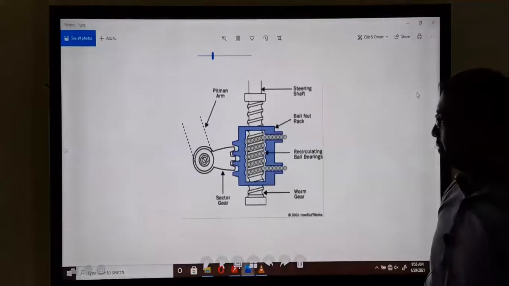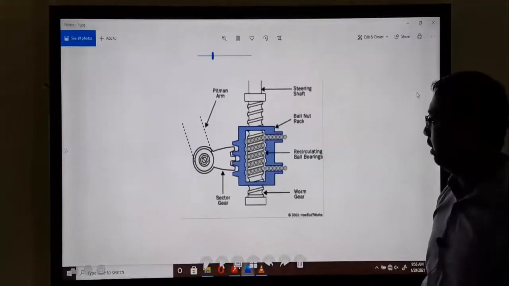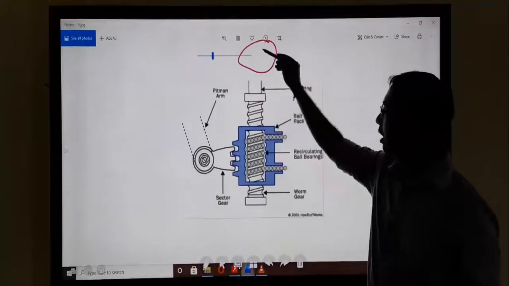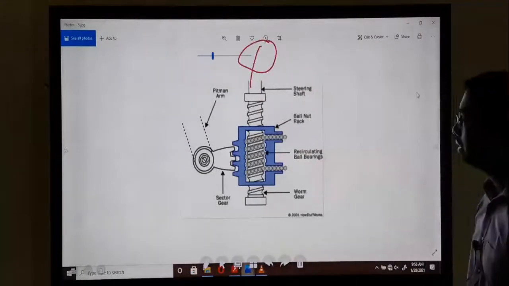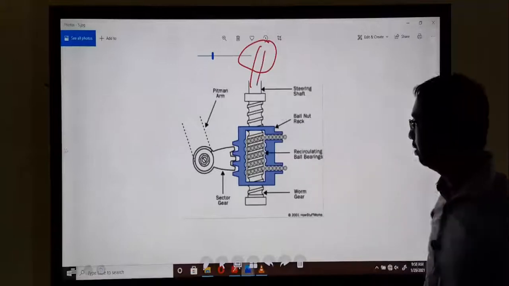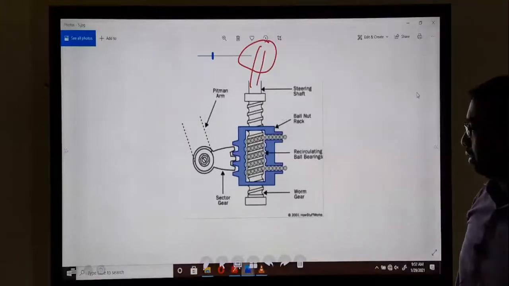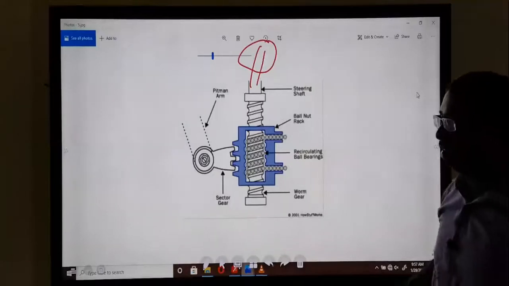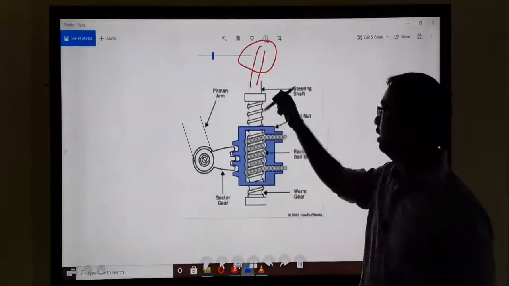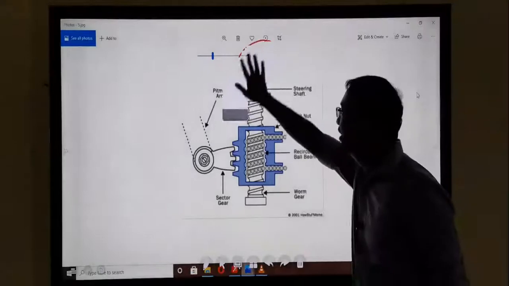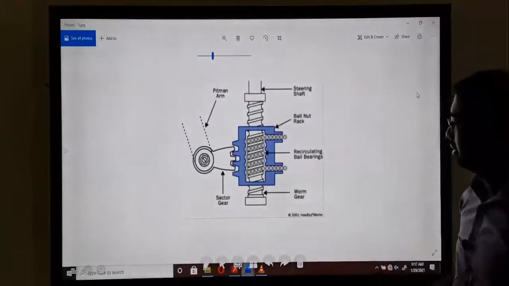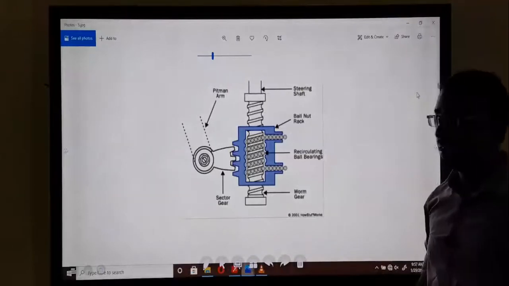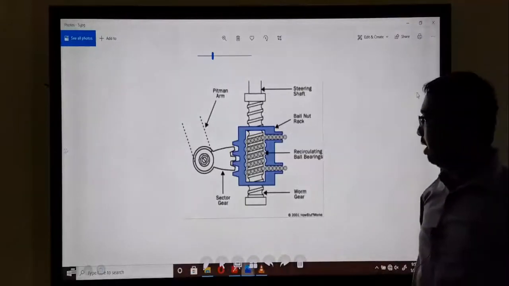First I give an introduction, just to identify the parts. This is the steering shaft, and this is the worm gear. There's a gear engine, it's called the worm gear.